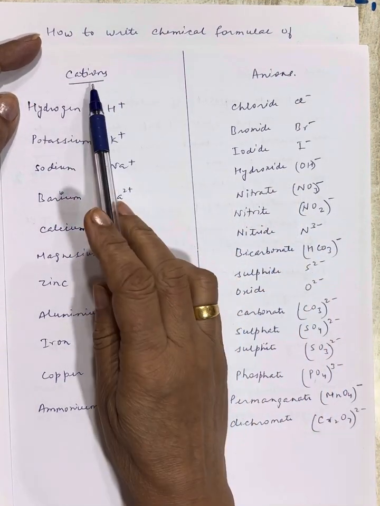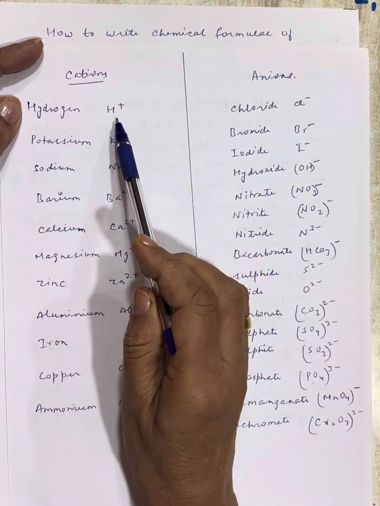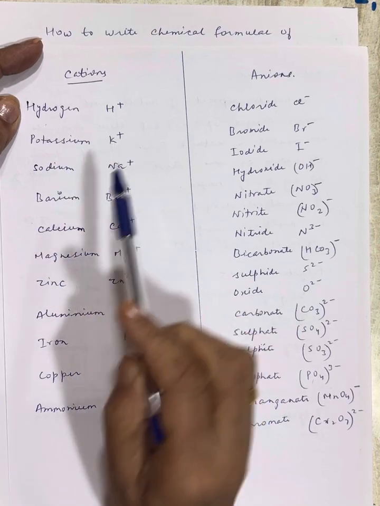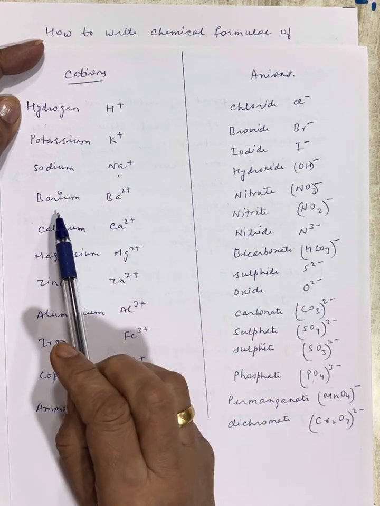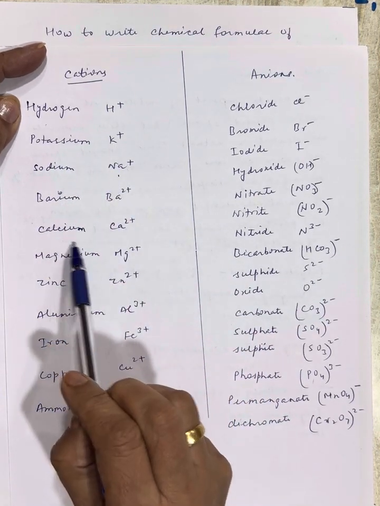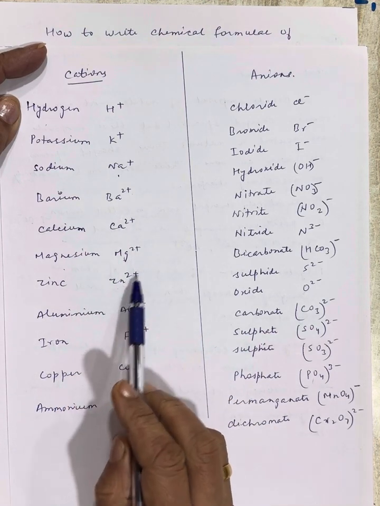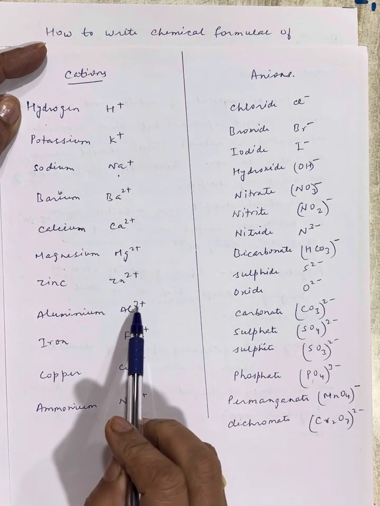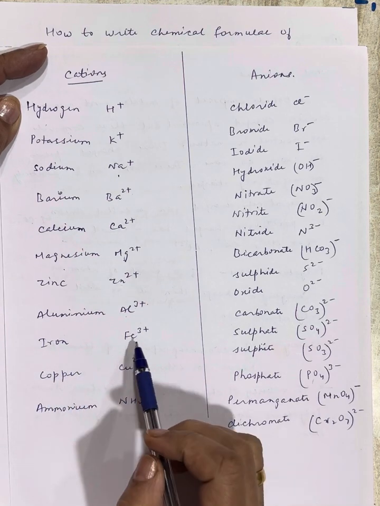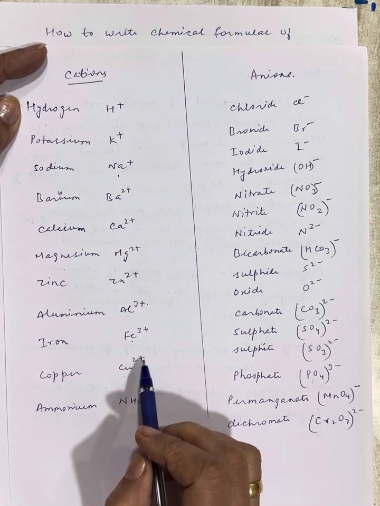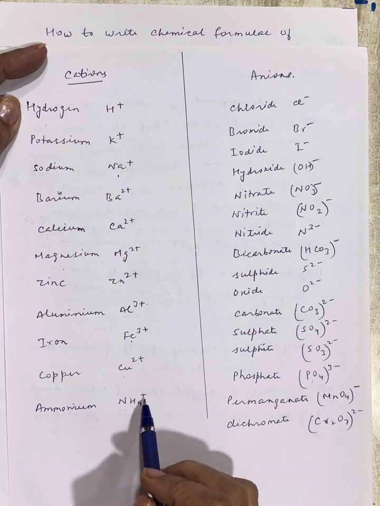The cations are hydrogen H plus, potassium K plus, sodium Na plus, barium Ba2 plus, calcium Ca2 plus, magnesium Mg2 plus, zinc Zn2 plus, aluminium Al3 plus, iron Fe3 plus, copper Cu2 plus, and ammonium NH4 plus.